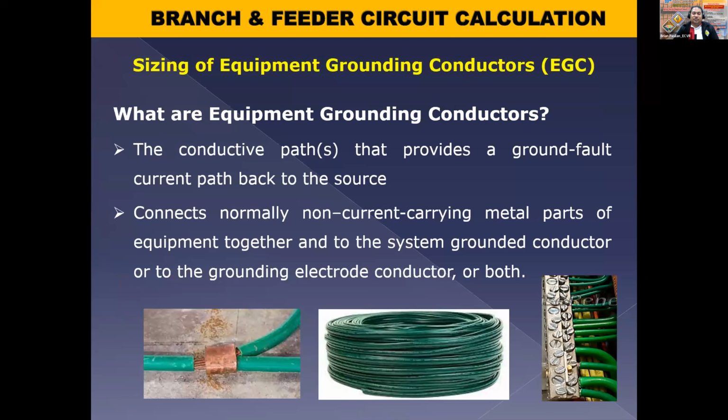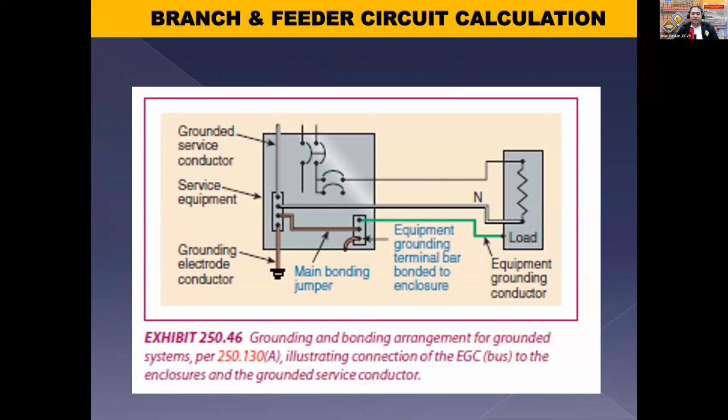Now for equipment ground conductors, hindi ko na lang ito i-expound further. Alam na natin yung function nito. What are they for? It provides a ground fault path back to the source during ground faults. So kung wala si equipment ground conductor, wala mangyayari sa breakers natin during ground fault. Hindi siya magti-trip, so exposing again our personnel to shock hazard.